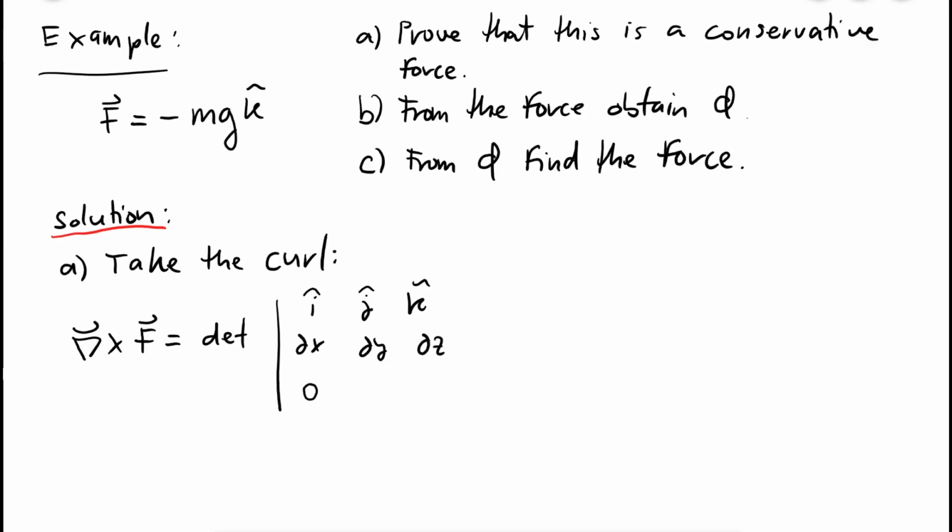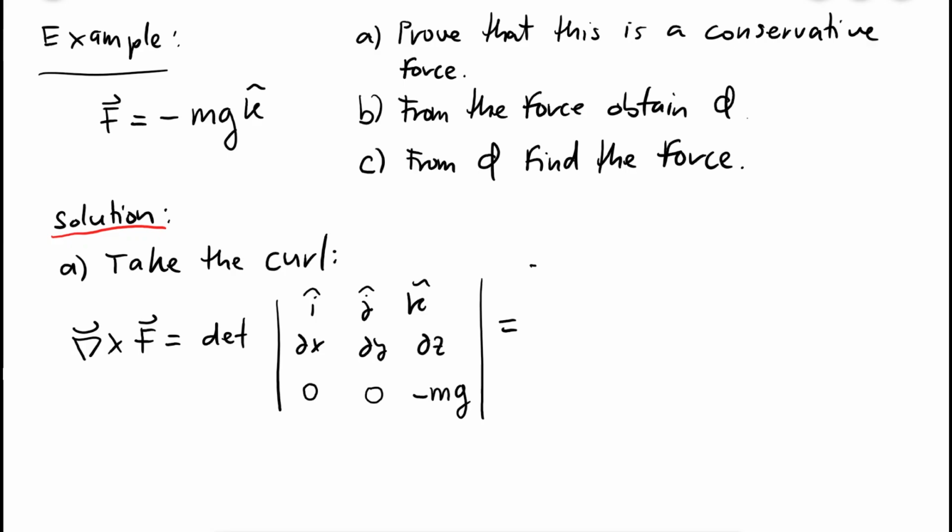No force in the y direction, so again, we can write it as a 0. And there's a force in the k direction, that's minus m times g. That's how we wrote this force, right?